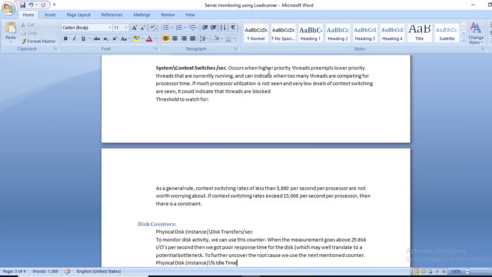This occurs when a high priority thread preempts lower priority threads that are currently running and can indicate that too many threads are competing for processor time. So it is not an ideal scenario. If high processor utilization is not seen and a very low level of context switching is seen, it could indicate that threads are blocked.